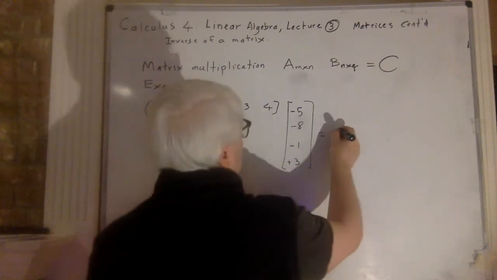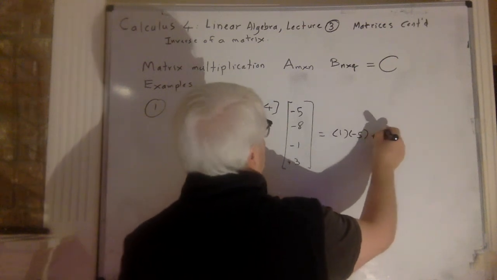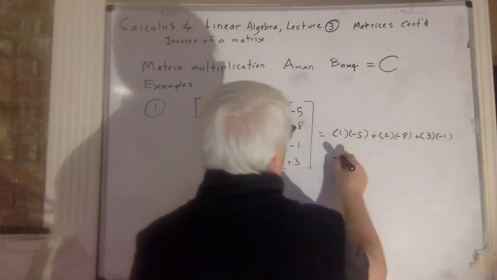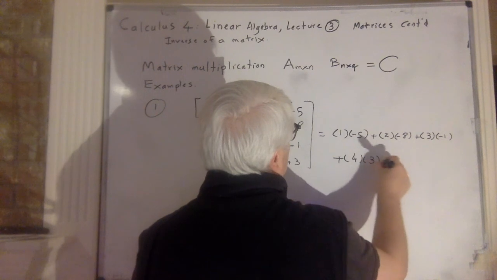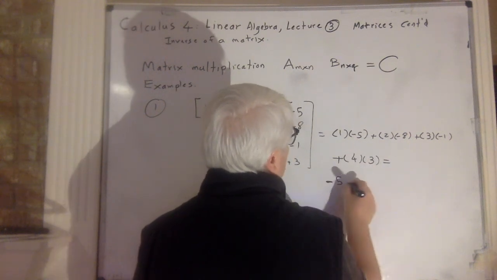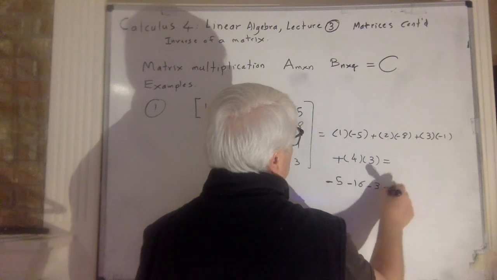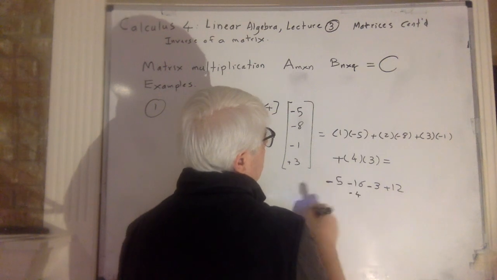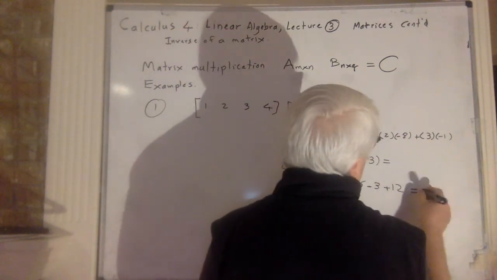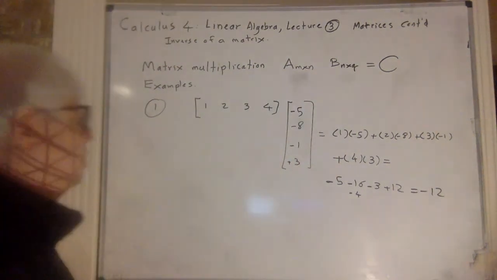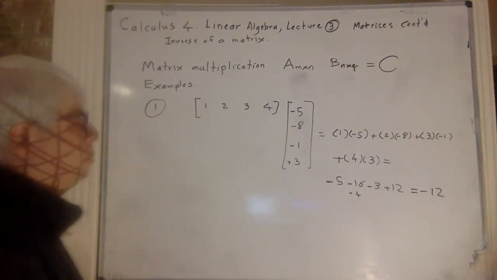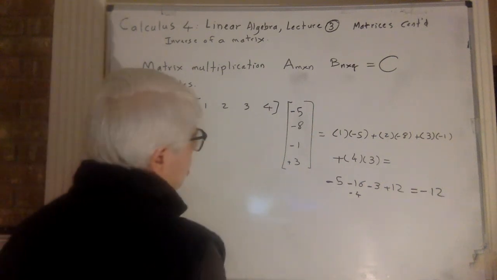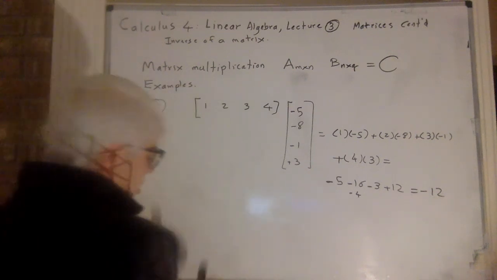It is 1 times negative 5, plus 2 times negative 8, plus 3 times negative 1, plus 4 times 3. So that's minus 5, minus 16, minus 3, plus 12. Okay, 16 and 12 gives minus 4 here, and minus 9, minus 3 is minus 12. So this row vector times this column vector is that.